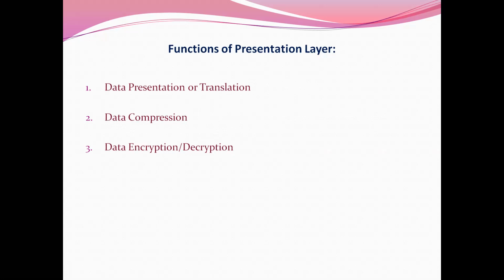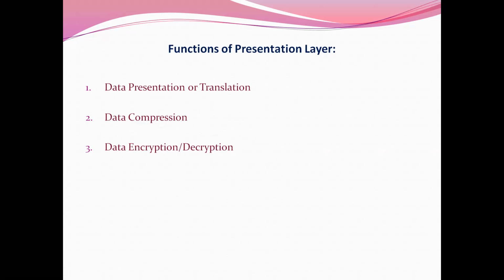Whatever data is received by this presentation layer is in the form of characters and numbers. But those characters and numbers are not understood by the machine. So what to do?